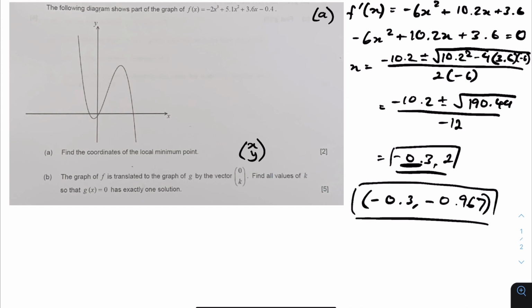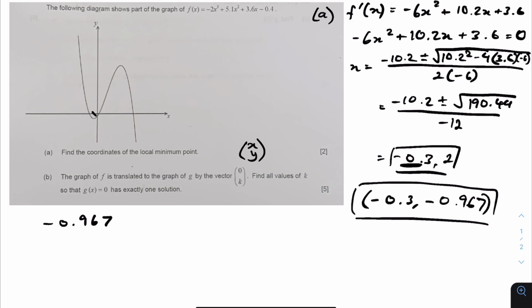So we have to figure out at what point does this minimum point go above the x-axis. But that's simple because we know that the y value is negative 0.967, which means that it is 0.967 units under the x-axis. So if we lift the function up by 0.967 units, it will just barely touch the x-axis.